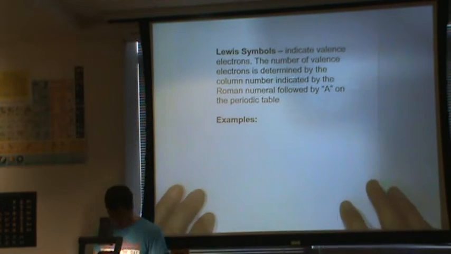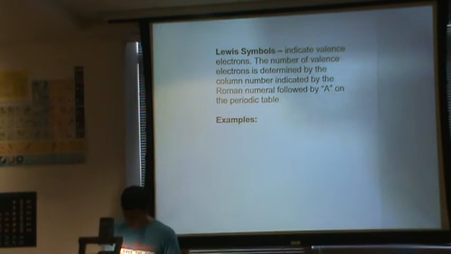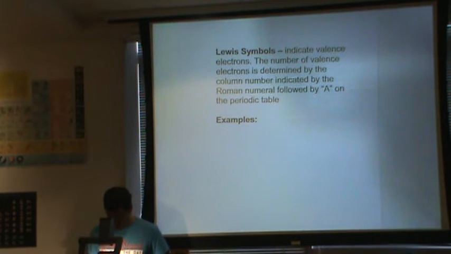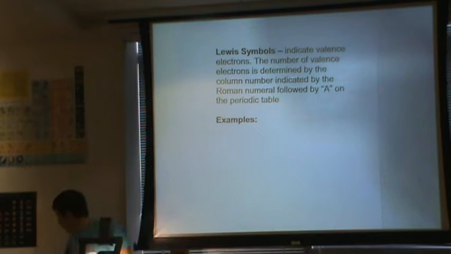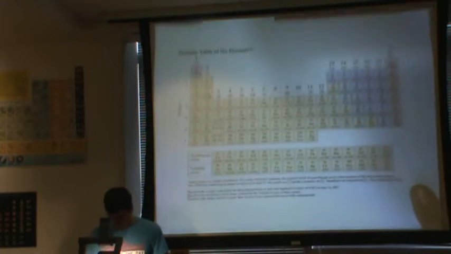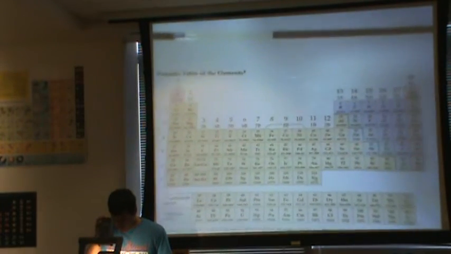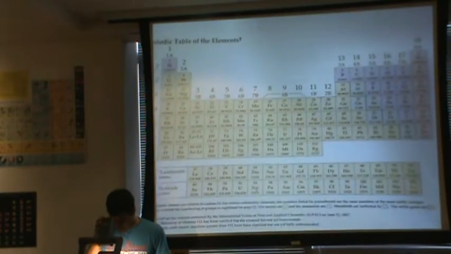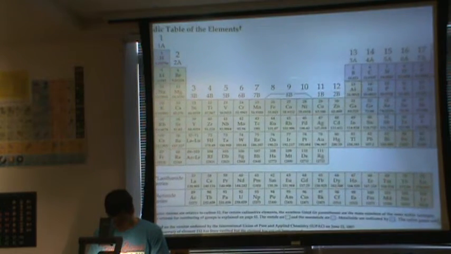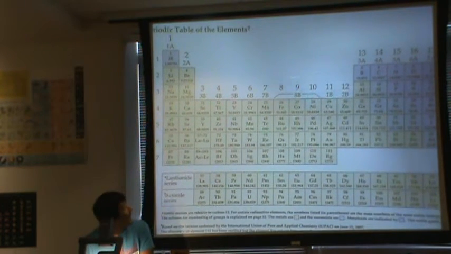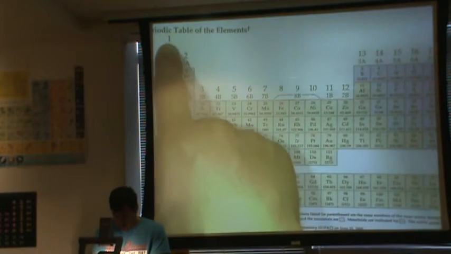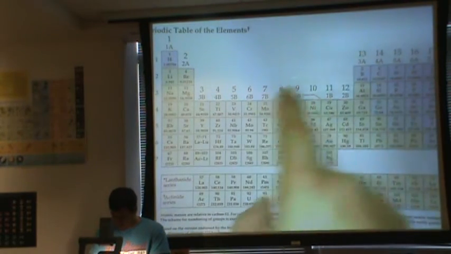So Lewis came up with Lewis symbols. This indicates valence electrons. The number of valence electrons is determined by the column number indicated by the Roman numeral followed by A on the periodic table. So if we go back to the periodic table that we had in the book, and we zoom in on this, you'll notice that some of these columns have numbers 1, 2, 3, 4, 5, all the way to 18.